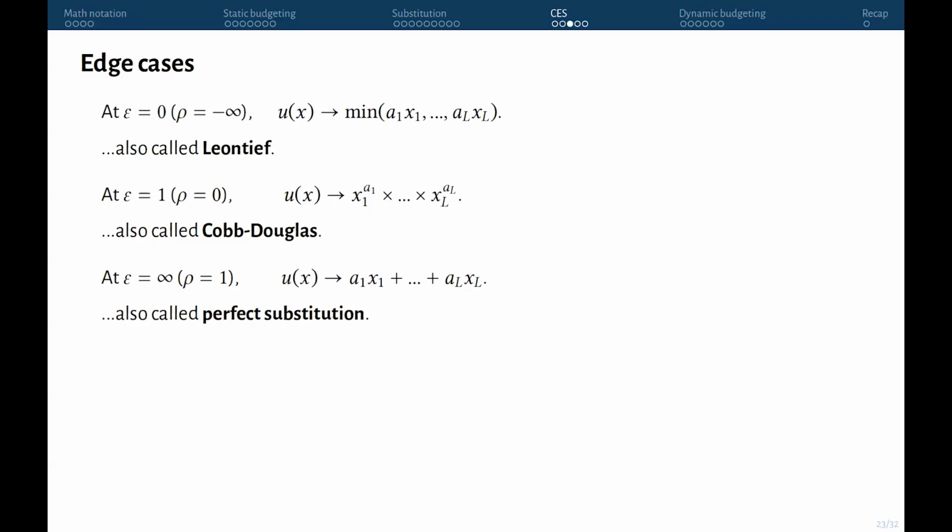This is something called Leontief preferences, but this would be like the left shoes and right shoes case, right? In the case of left shoes and right shoes, your utility is presumably just the minimum of how many you have of the left shoes and how many you have of the right shoes, and so the a's you can just set equal to a half.